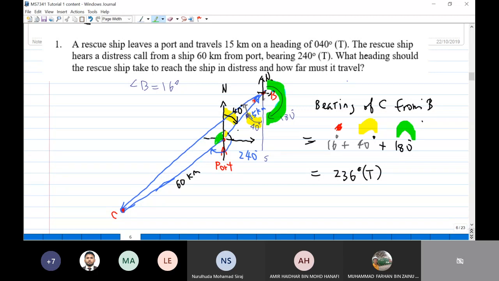And then there is a 40 degree angle. Where does the 40 degree come from? Actually, there's 40 degrees because of the triangle, the parallel lines here. So this is a 40 degree angle, right?